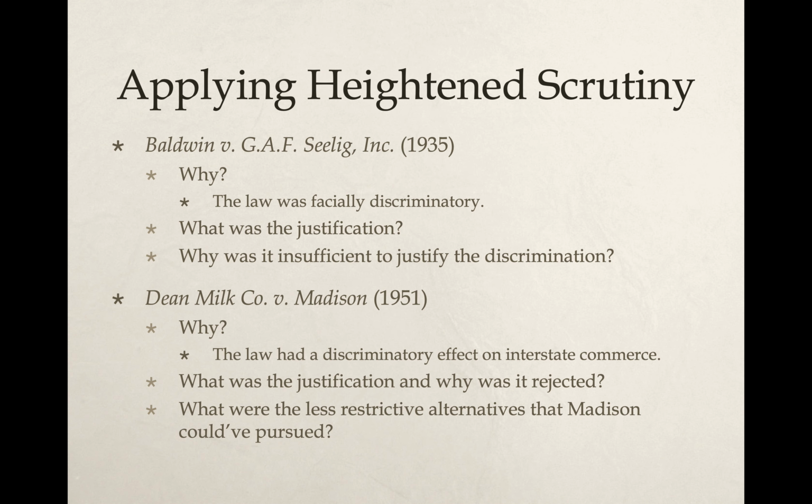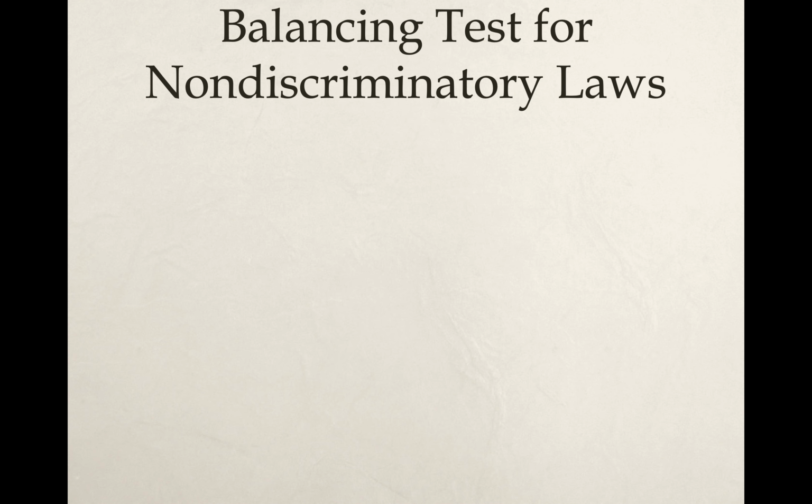All right, so that's how the court started to deal with laws that it found to be discriminatory. How did the court deal with laws that didn't turn out to be discriminatory? Laws that seemed to apply their regulations equally. Right?